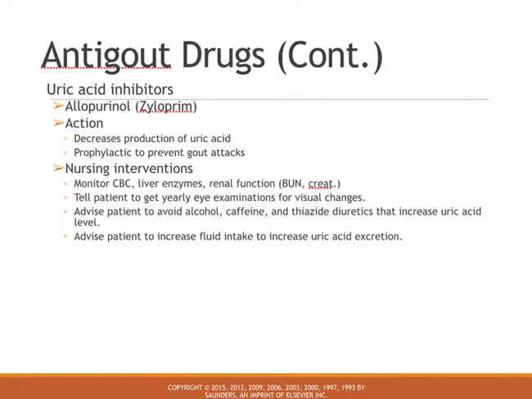We also want to monitor renal function tests, and that's your BUN and creatinine. We're going to tell these patients to get yearly eye examinations to assess for any changes in the eyes. And we want these people to avoid alcohol, caffeine, and thiazide diuretics because all of these can increase uric acid levels.